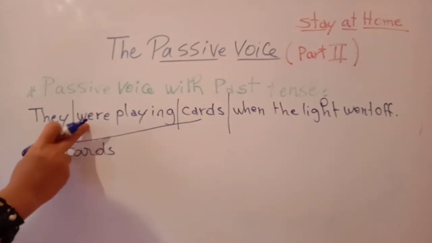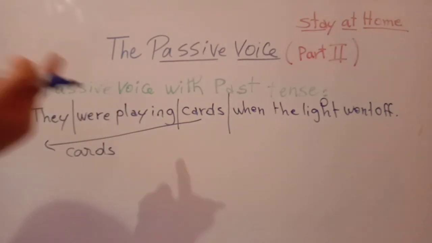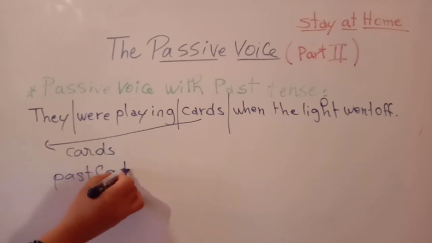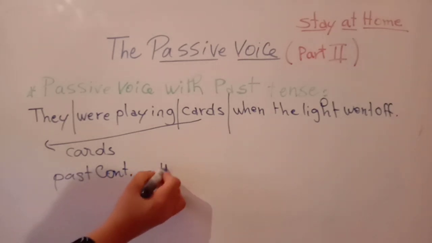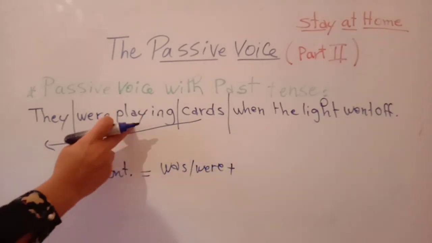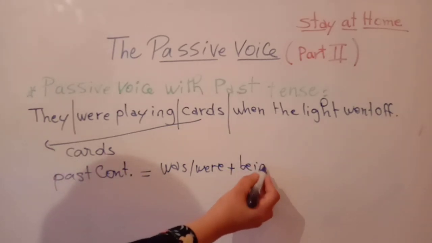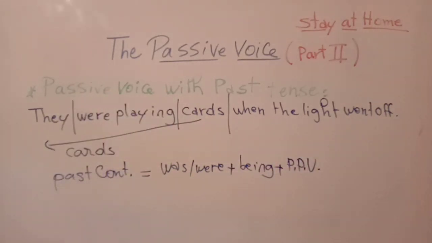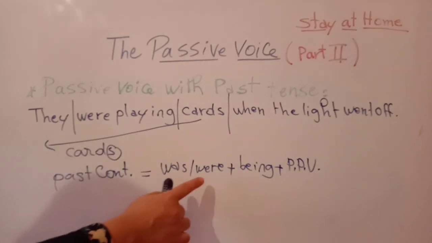So play plus ing. The verb is continuous. Here you have the auxiliary is past. So it's past continuous. So when the verb is past continuous in the active sentence or the active voice, it becomes was or were plus being plus past participle of the verb. So let's apply the form. So cards here, it's plural, so we are going to use were.